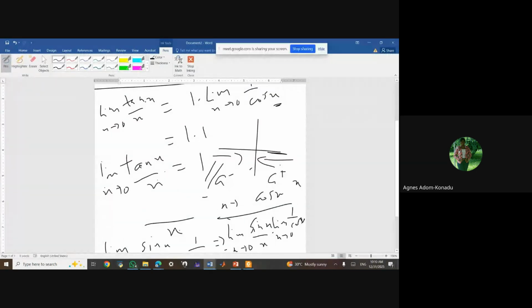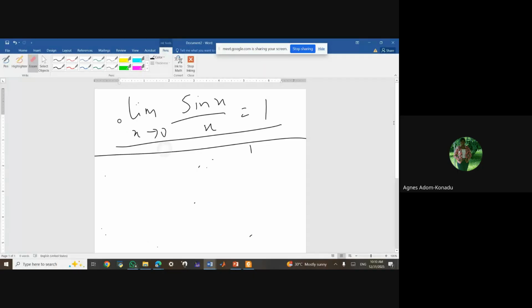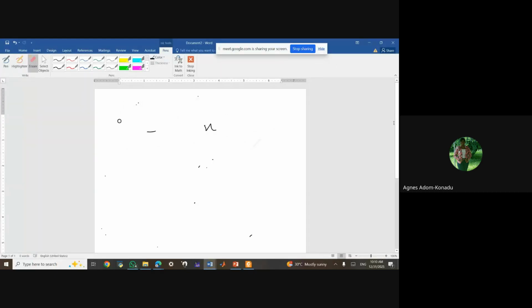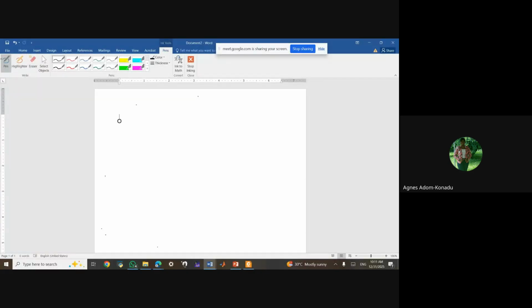So the absolute function. When I sketch the absolute function, absolute of positive numbers is positive, absolute of negative numbers is also positive.